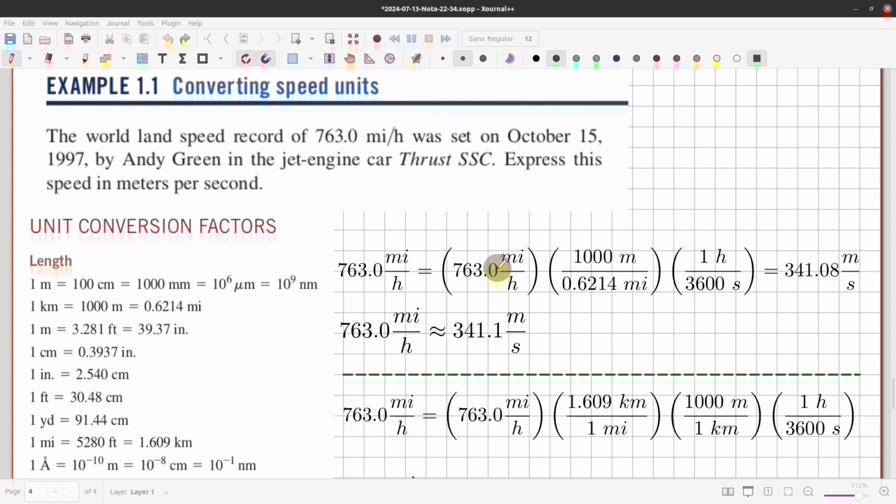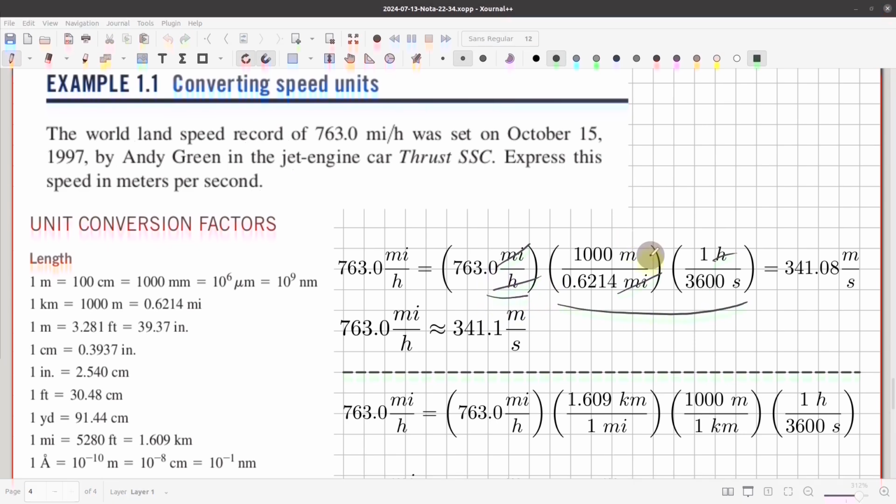Now we can cancel miles and hours since they are on opposite sides in the product of the conversion fractions with respect to their position in the original units. In this way, the remnant units are meters per second.